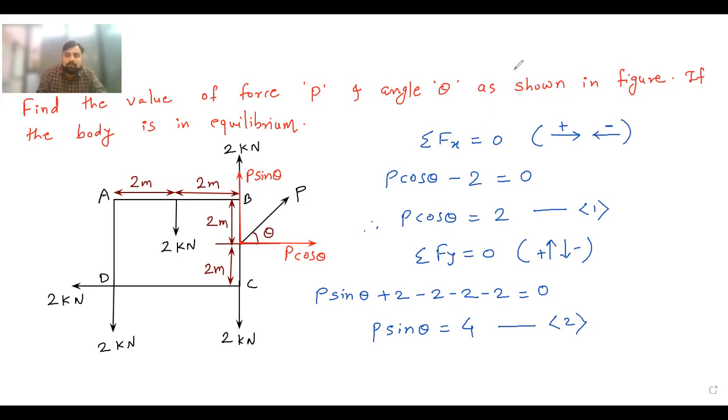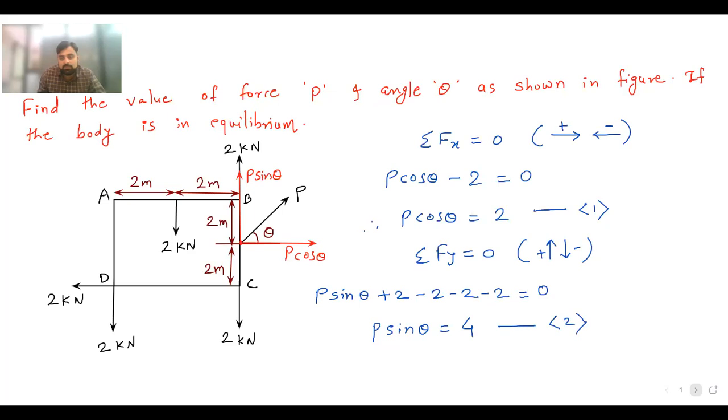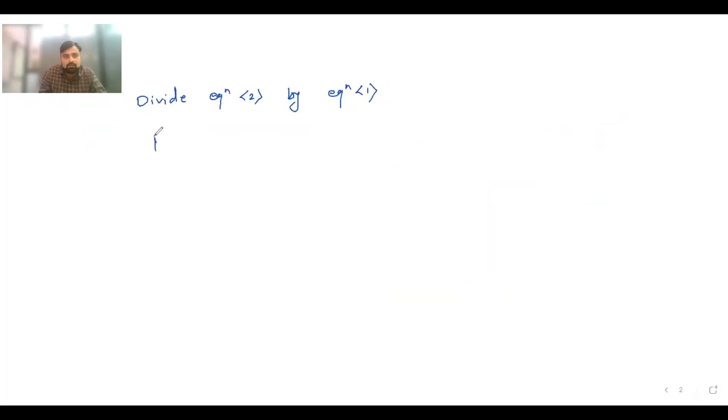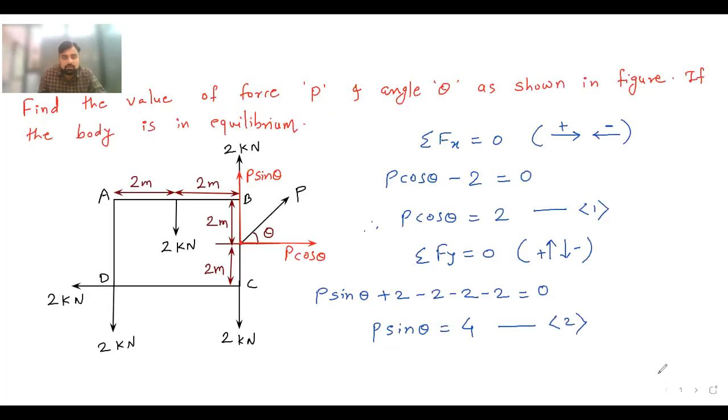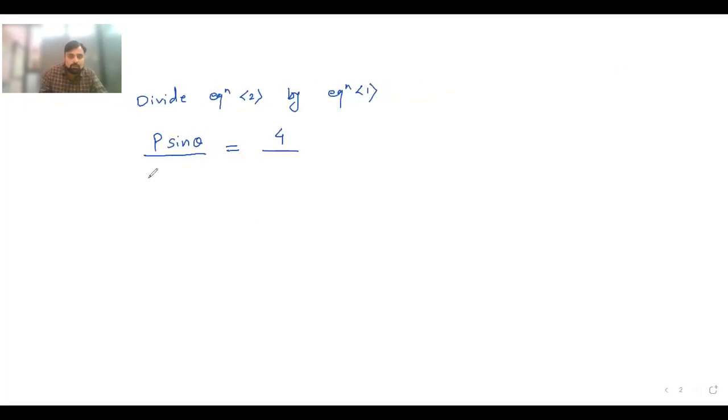So if we divide equation 2 by equation 1, what is my equation 2? My equation 2 is P sine theta is equal to 4, divided by the first equation, P cos theta equal to 2.